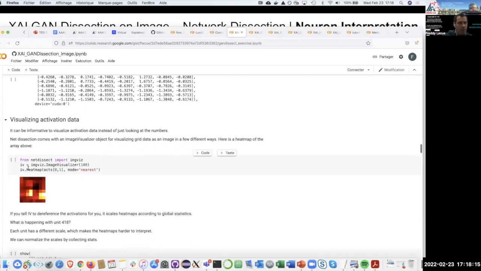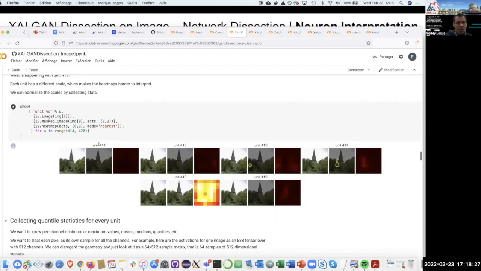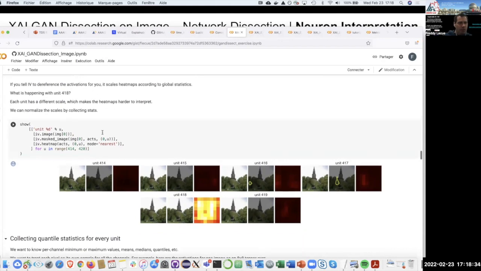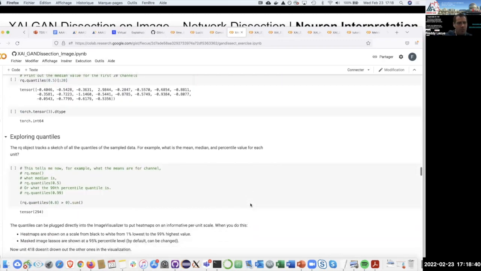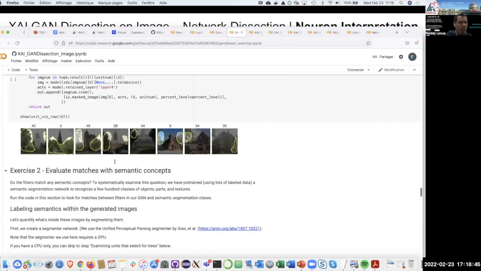And here it shows the image activation that you have for a particular class, and based on the different units, which concept, they show the importance of which part of the image it is. Over here, you see the different classes.